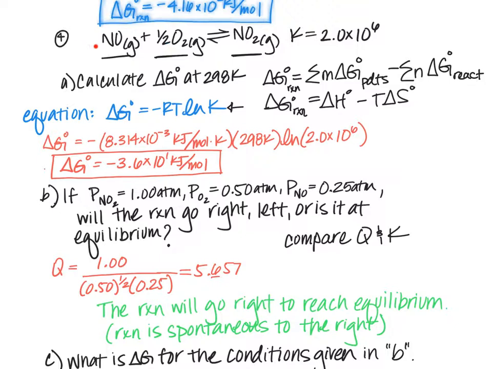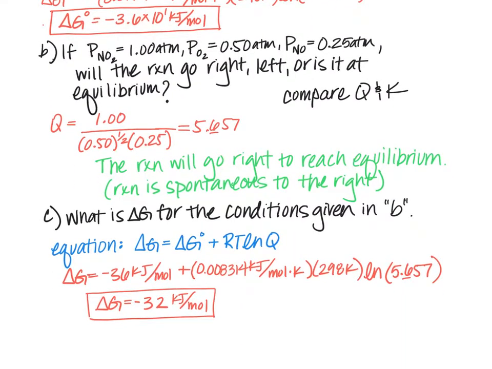There's a coefficient of 1 in front of nitrogen monoxide and 1 in front of nitrogen dioxide. So when I plug my values in, I'm going to have 0.5 atmosphere oxygen to the 1/2 power times 0.25 atmosphere for nitrogen monoxide. When I compute that, I get about 5.6. Again, this is unitless. Q and K values are unitless.